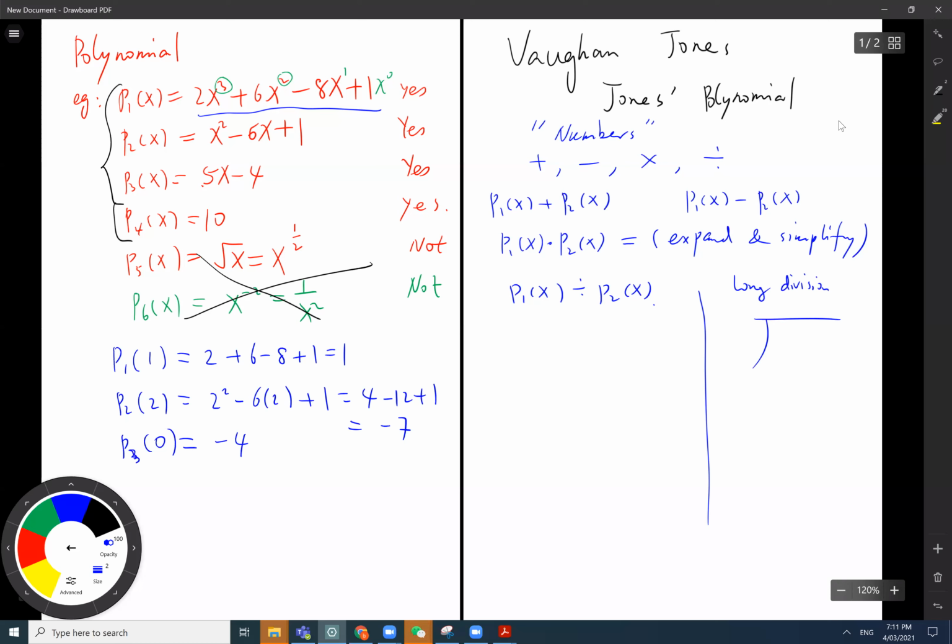Check, 254 divided by 7. We learned this in primary school. 3, you minus, you get 4. 5, oh no, 6. 6. 2.